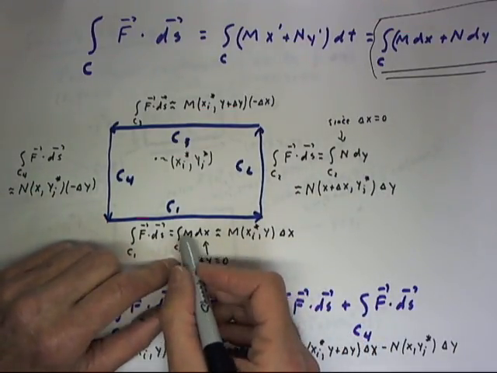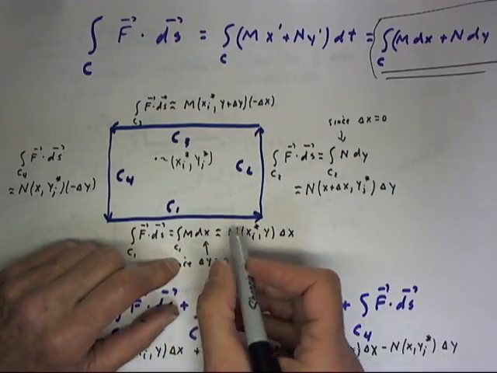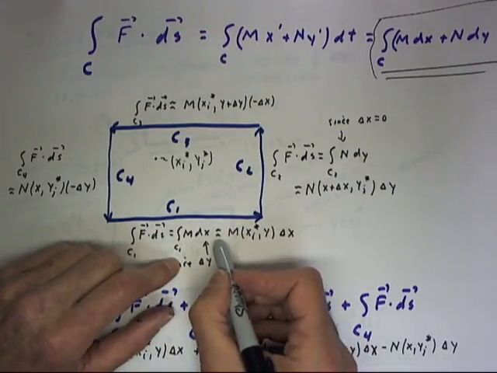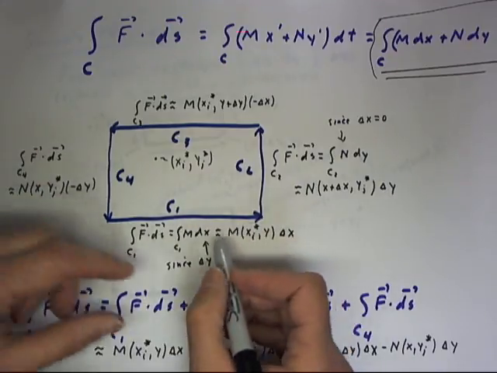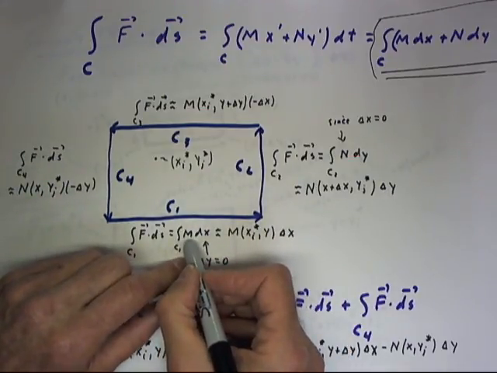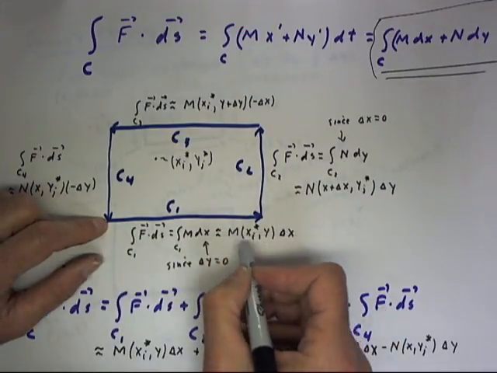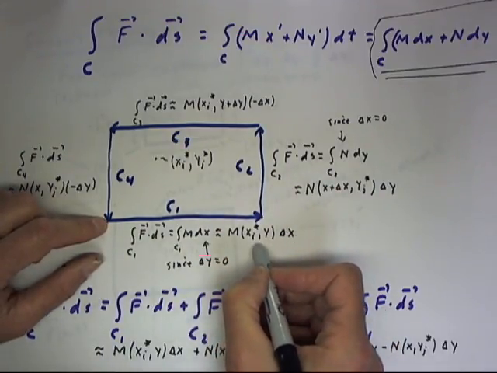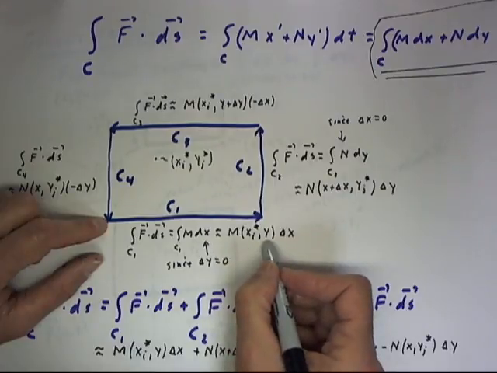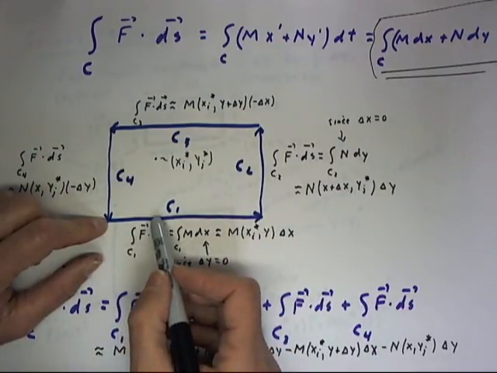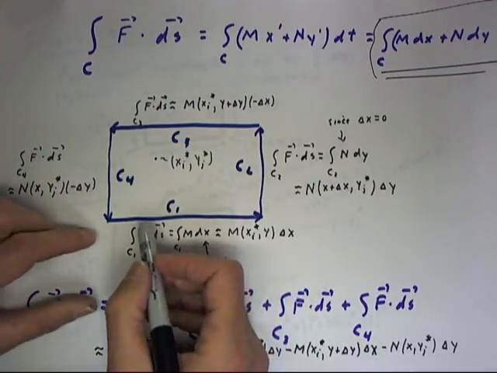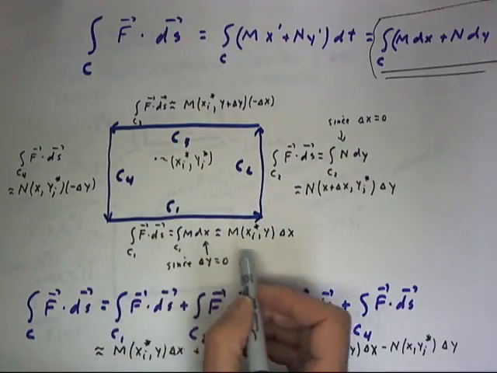Now, what's the integral over C1 of m dx? Well, that's approximately equal to the average value of m on this interval, and the average value is going to be represented by the value of m at the sample point. Now, the sample point might or might not be the best point at which to find the average value.